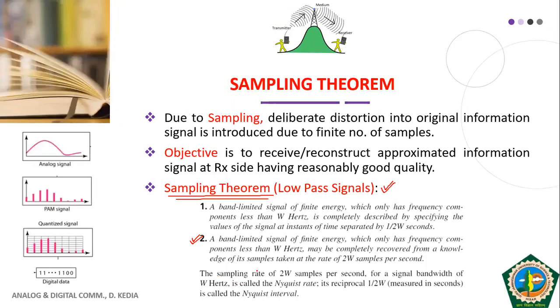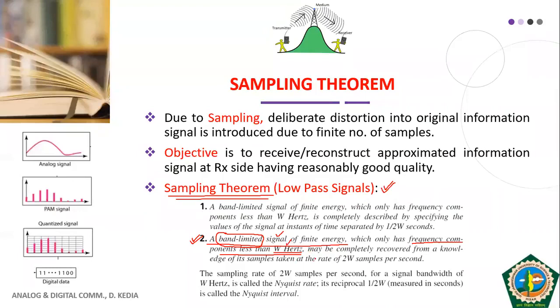According to this sampling theorem, a band limited signal of finite energy, means my original signal is band limited. This is one important word that you should note here. A band limited signal of finite energy which has frequency components less than W hertz. What does it mean? That the maximum frequency which is present in this band limited signal is W hertz.